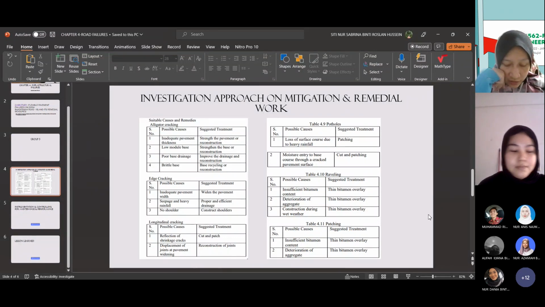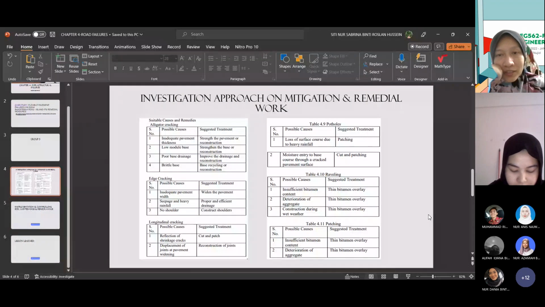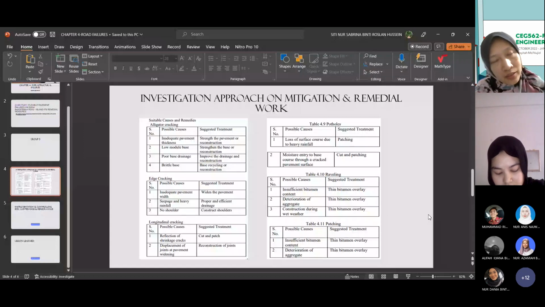Bitumen ni macam mana kita nak kategori dia? Bitumen mana yang sesuai pakai? Ada tak dia mention dalam artikel tu? Sebab bila kita pergi ke factory kan, kilang ke ataupun company yang buat production bitumen ni, how they classify on the selections bitumen untuk this kind of the remedial activities.